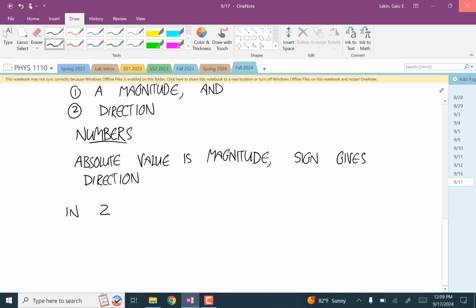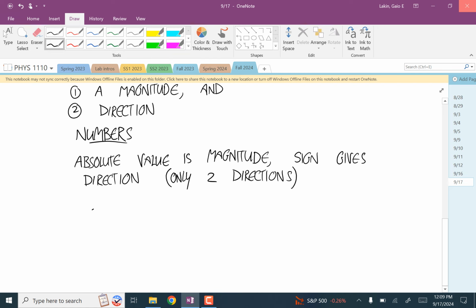In 2D, so let me add on to this. So the sign gives the direction because there are only two directions. And let me give an example of this. Sorry about making your notes messy, but let me give an example of this.